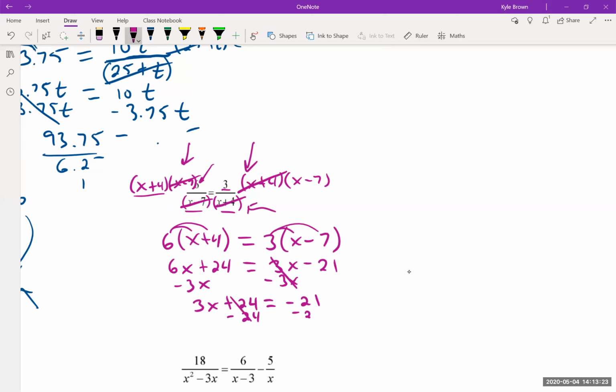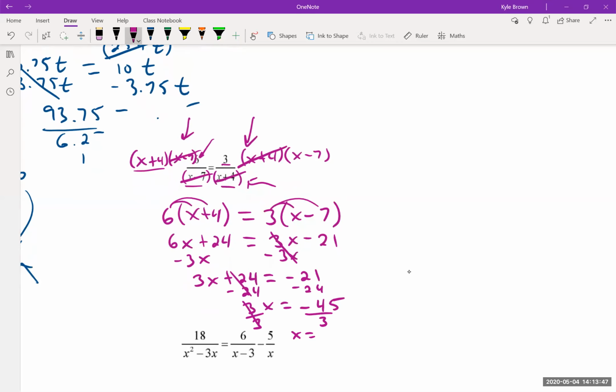So minus 24. So I've got 3x is equal to negative 45. Okay. And then very last thing, we're just going to divide both sides by 3. So x is equal to negative 15.